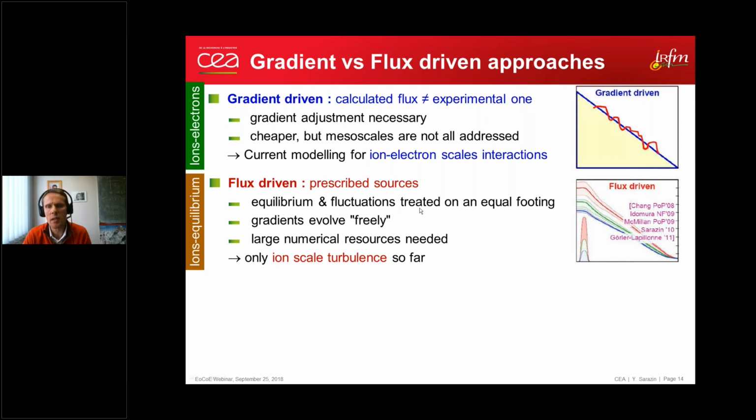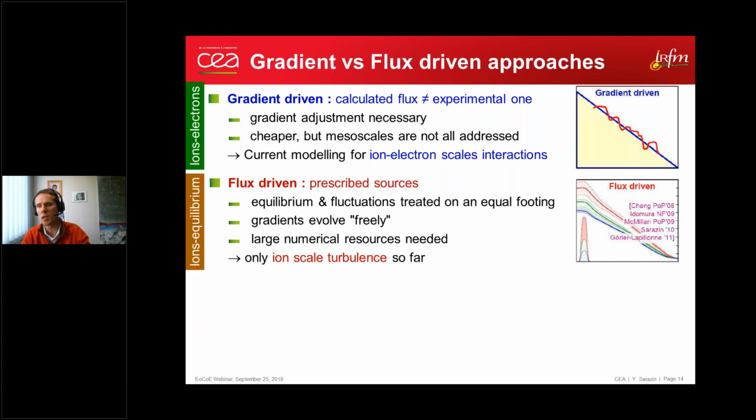Conversely, if you're interested in the interplay between the ion scale and the equilibrium scale, then you have to relax the assumption of constant equilibrium, and this is the flux-driven regime, where the mean gradients are free to evolve under the balance effect of a heating source.